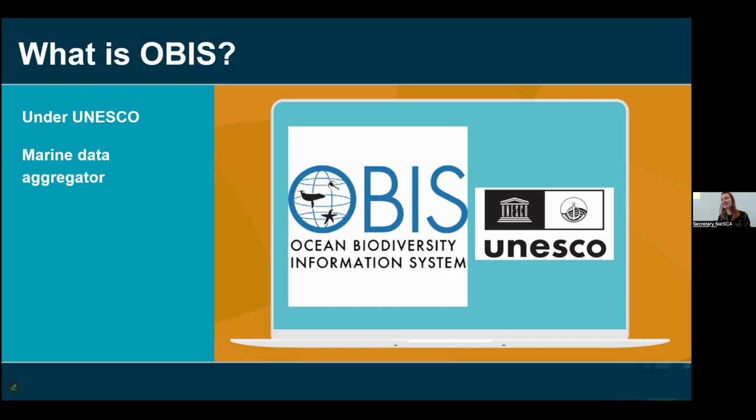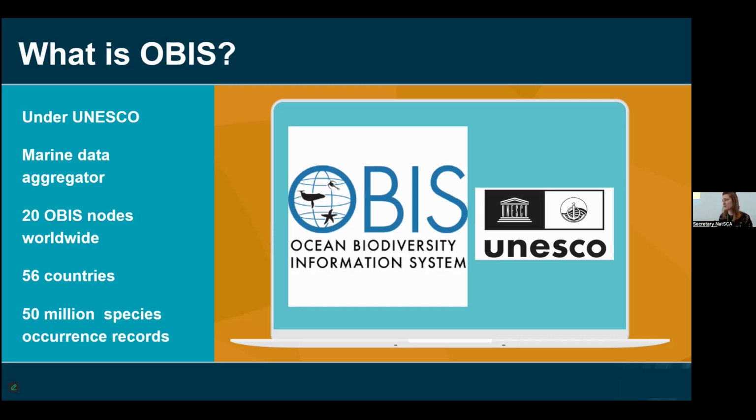And actually, because there are so many platforms out there, people aren't always sure where to go. So what we're working on is connecting the two data aggregators. There's 20 nodes worldwide. We have now become part of this network, representing 56 countries, and there's 50 million species records. So it is quite a powerful tool to use.